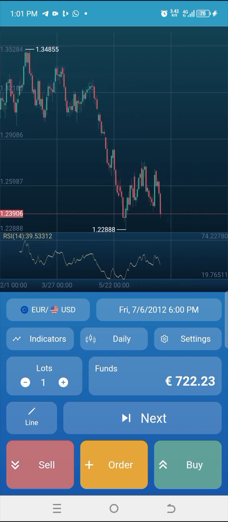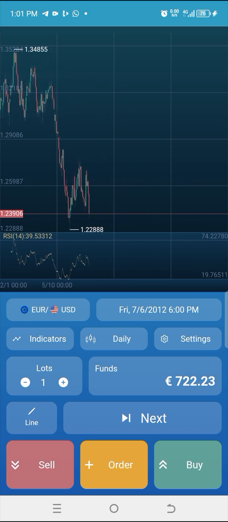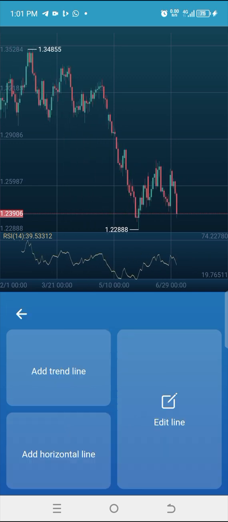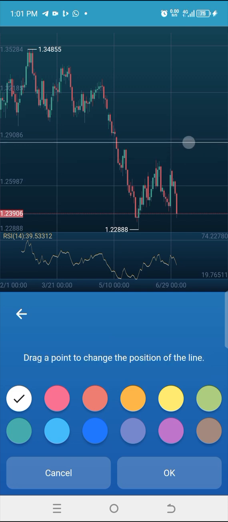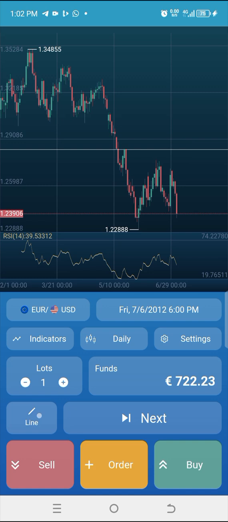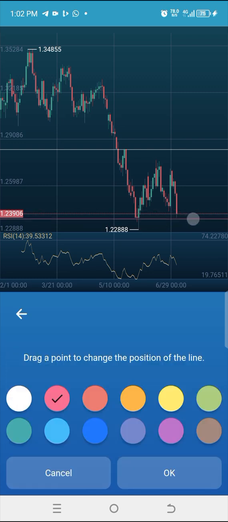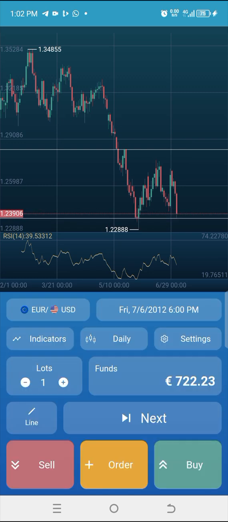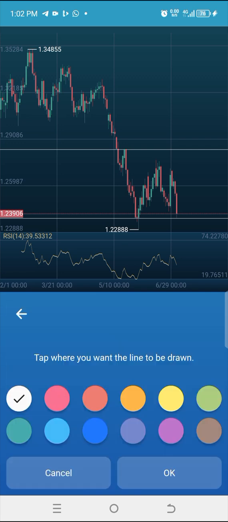So for the strategy, let us go deep, step by step. You look at the daily. Usually you look for the highs and the lows. This looks like it's going down, so we mark the previous high, and the low. Ideally the strategy is based on looking for a possibility of price going in the opposite direction.